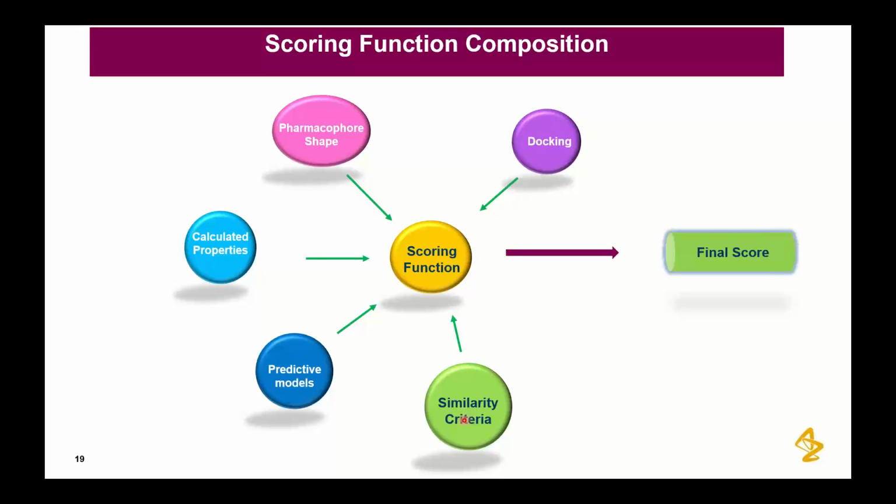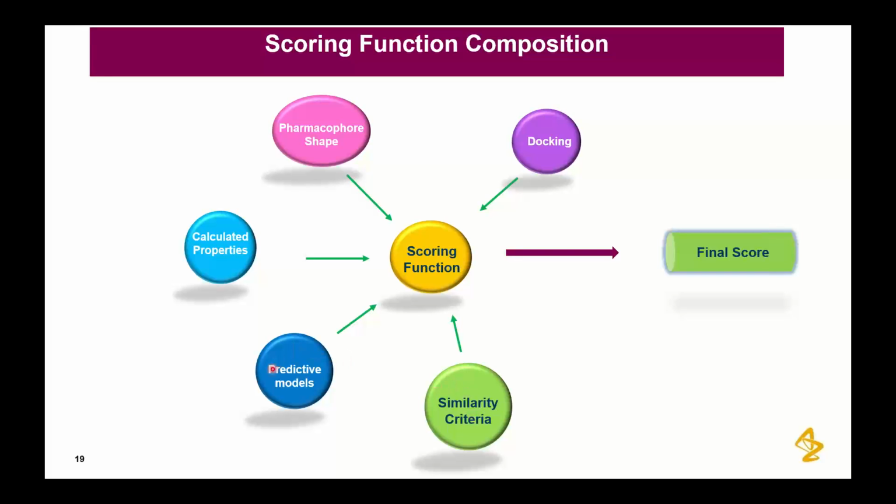So you can have criteria to generate compounds that are as far as possible from a certain list of compounds, or you can penalize for certain types of undesirable groups in your molecules. So you can penalize for certain moieties.